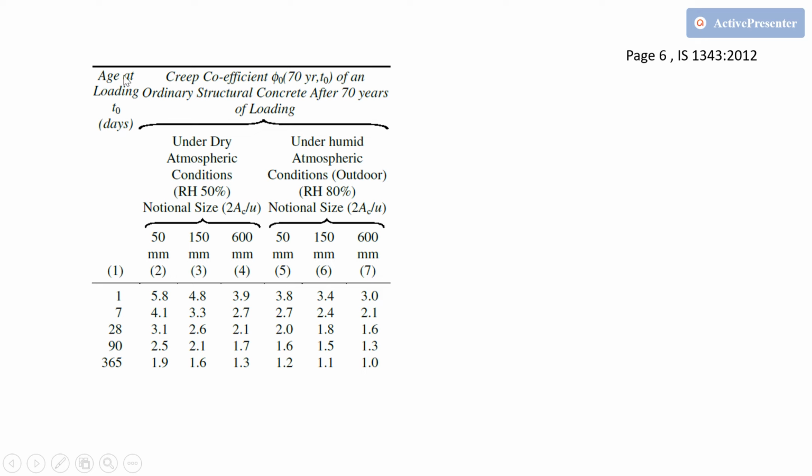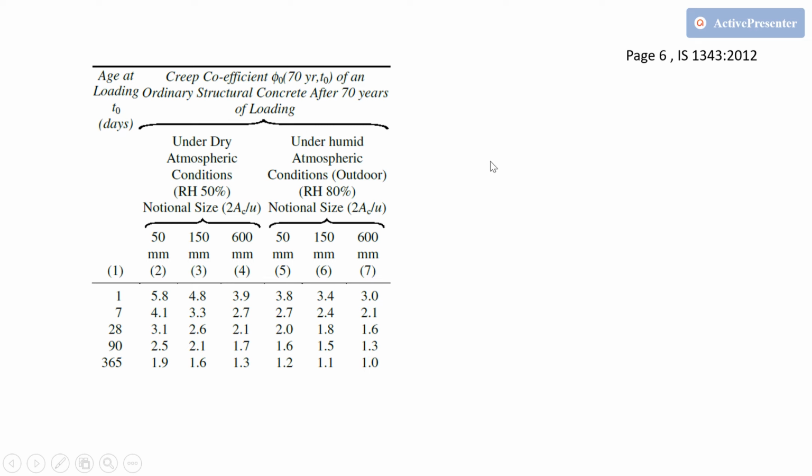That is based on the age at loading in days, how many days it has been loaded, and for different relative humidity conditions, because based on the relative humidity this will change, and on the notional size. I will tell you what the notional size is. The different creep coefficients are given on page number 6 of your IS 1343:2012.